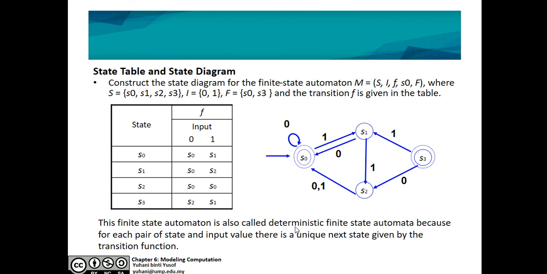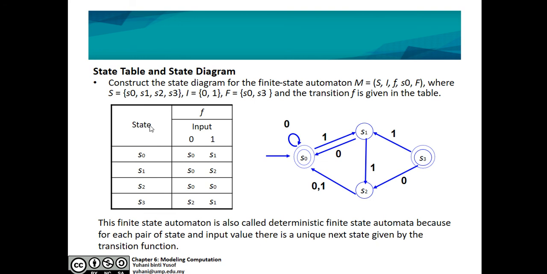So that is the difference between deterministic and non-deterministic. But how to construct the state table is the same. I hope you try from the state table to the state diagram and also from the state diagram to the state table. Going from the table to the diagram is not unique because it is based on how you position your states, but from the diagram to the table it must be unique.